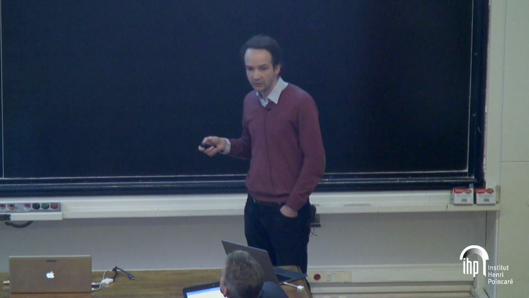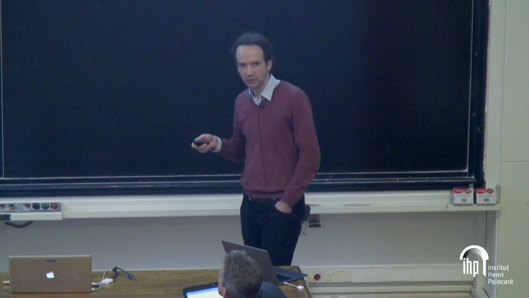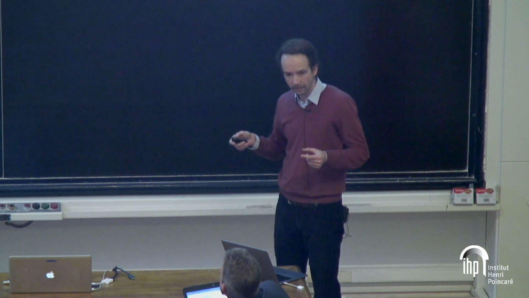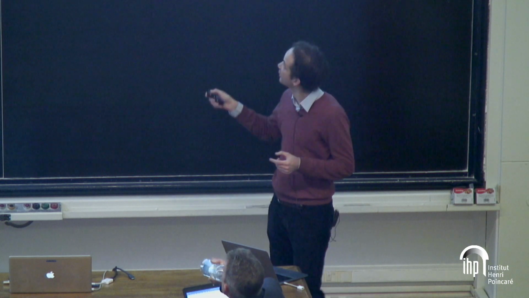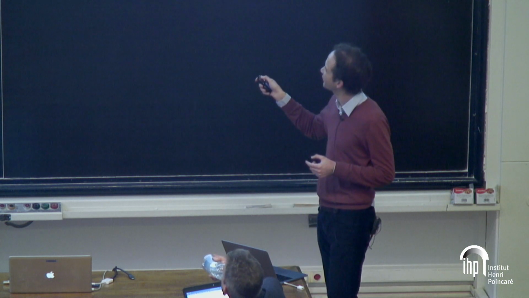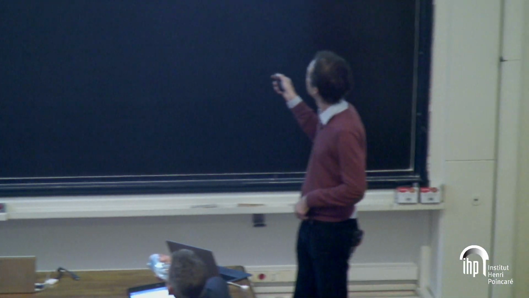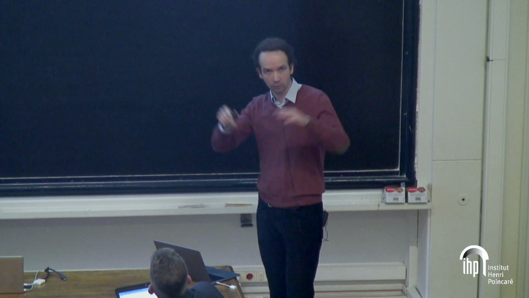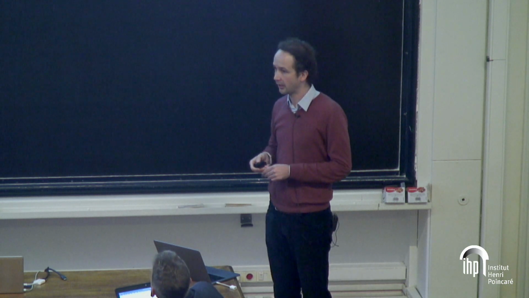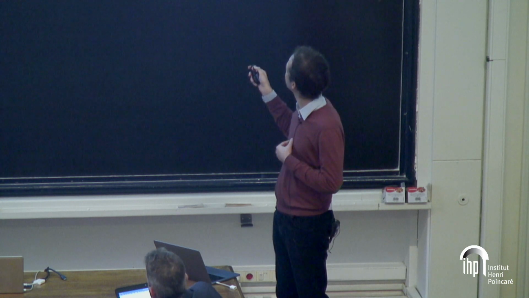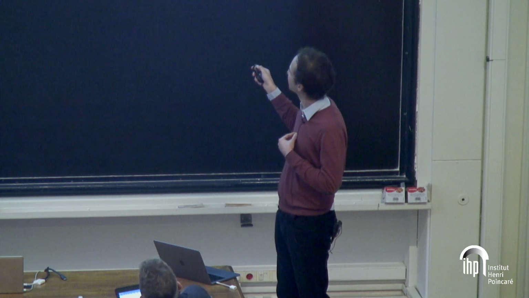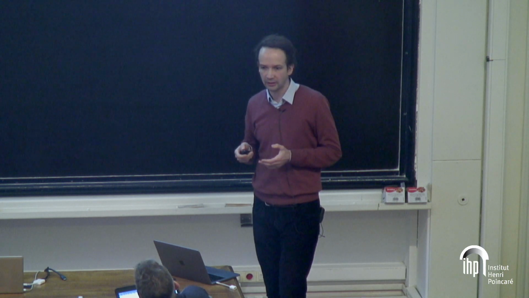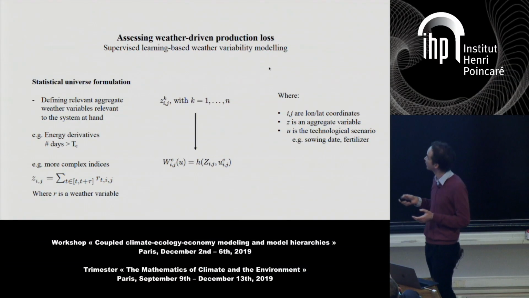To do this, we use a semi-supervised approach. We start by defining i, j as different latitude, longitude coordinates. If you place yourself anywhere on the globe, this is what i, j means. Z is any feature of hydrometeorological variability that can affect an economic sector.